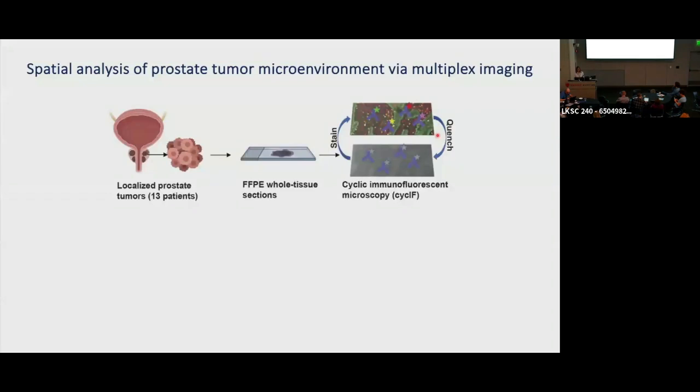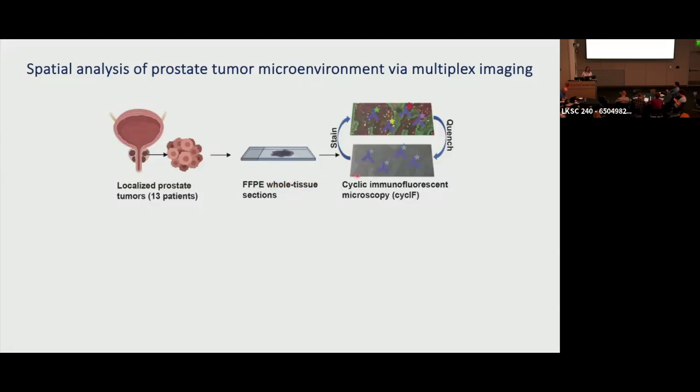So we generated a spatial single-cell data set using cyclic immunofluorescence, CyCIF, from treatment-naive localized tumors across 3 groups: tumor-adjacent normal, Gleason 3, and Gleason 4. The data set includes whole slide images ranging from 2 to 20 millimeters.